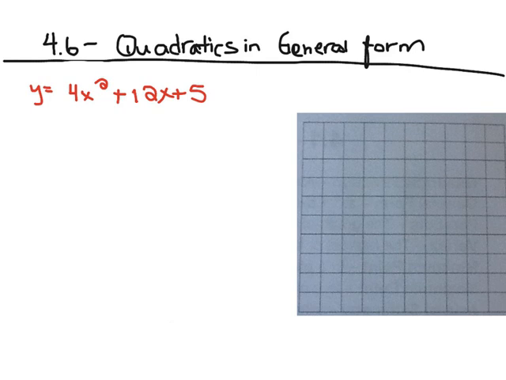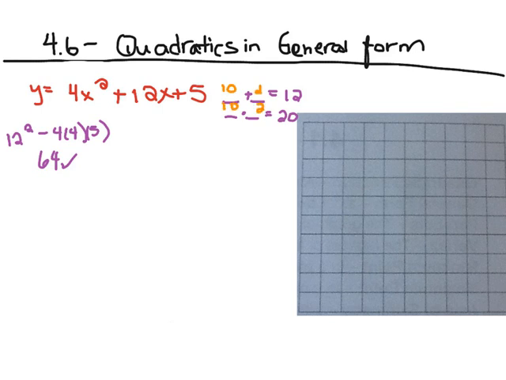is 12 squared minus 4 times 4 times 5, which is 64, which is a perfect square, so we know that we can factor. So we want to find two numbers that add up to 12 and multiply to get 20. Those numbers are 10 and 2.